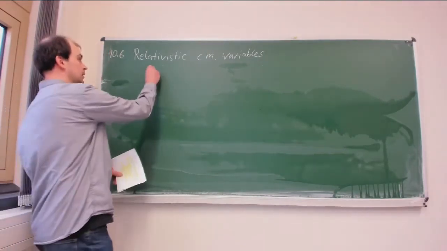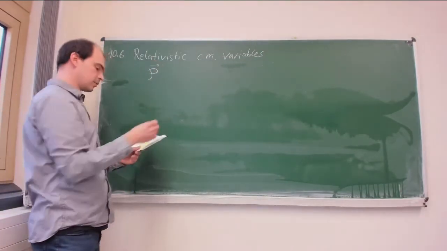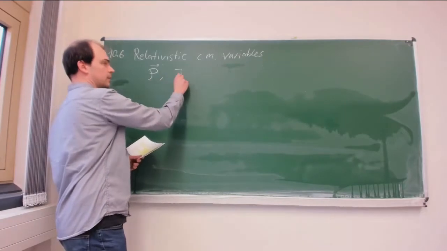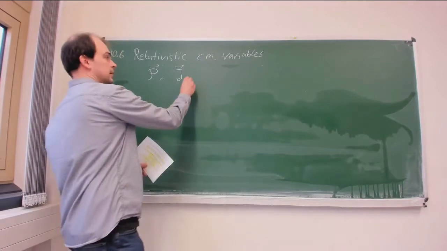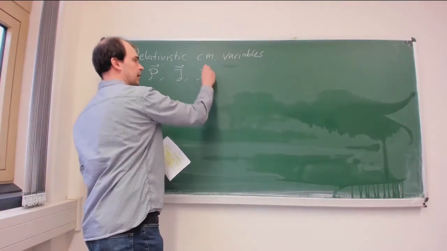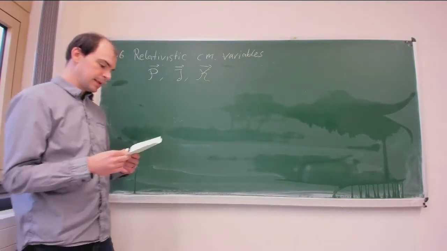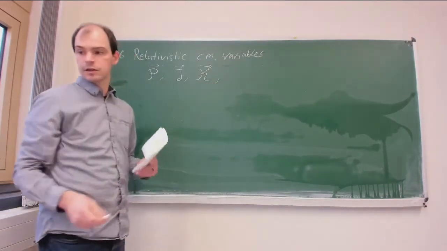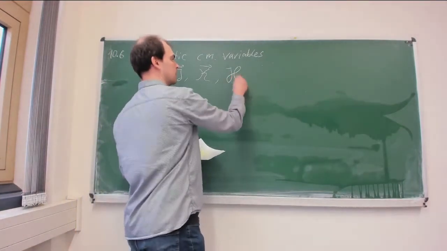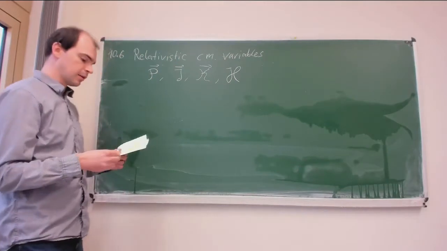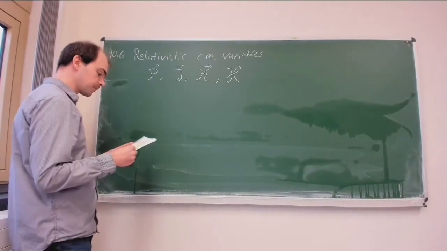It has the generators P for translation, a vector, J for rotation, those are also 3, and 3 boost generators, which we call K. And then it has the time translation generator, which is usually called H, because it is, of course, related to the Hamiltonian, to energy. And those satisfy a Lie algebra.